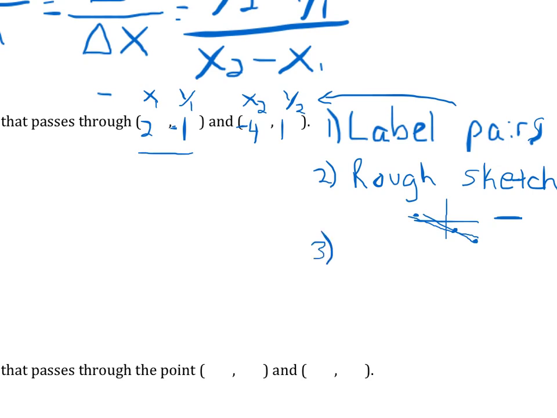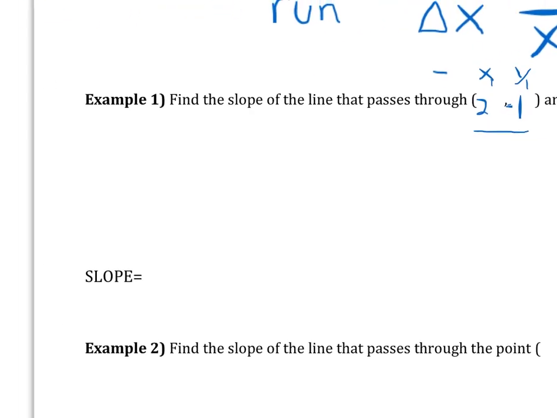Okay. Step 3 is the slope formula. We're going to write out the slope formula. Okay, what is the slope formula? We've already gone over that. We already wrote that once. But let's write it out again over here.